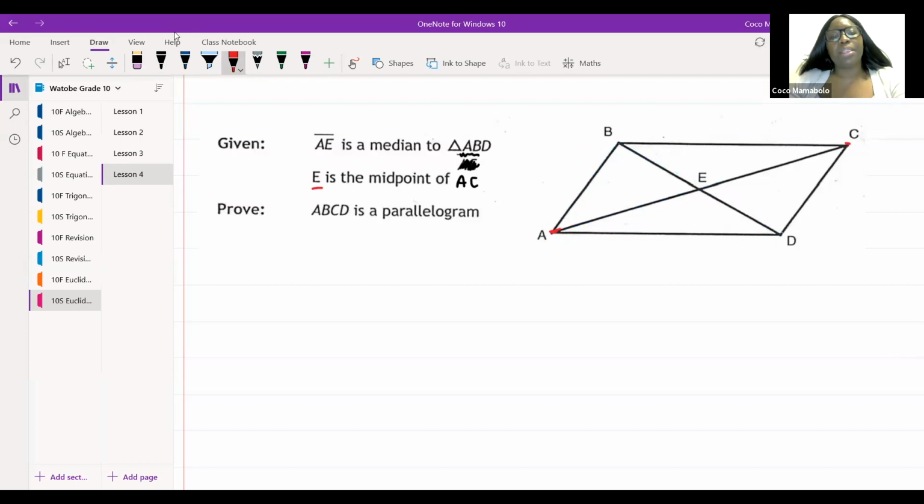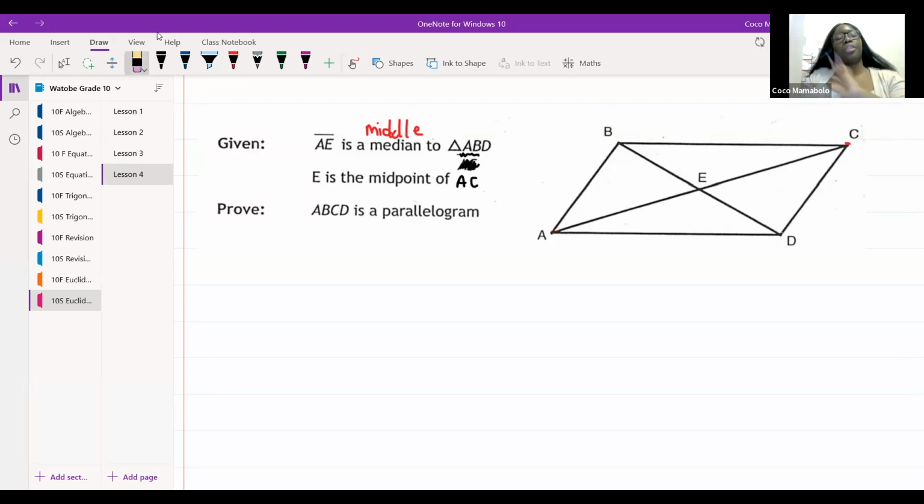And then it says prove that ABCD is a parallelogram. Okay. Median just means middle. That's what it means, Kiara. Median means middle. It's the middle of the line, the median. Okay, that's it. Median, middle.